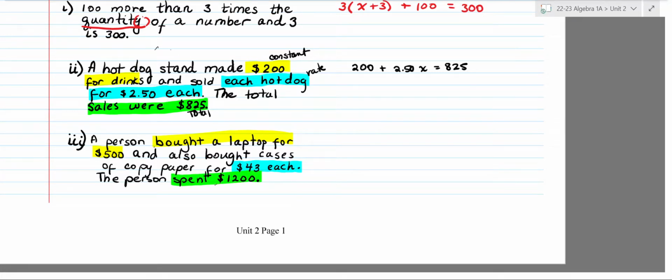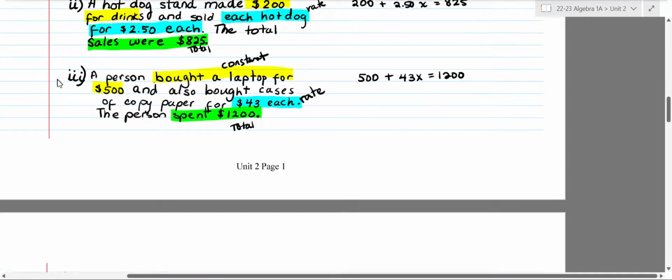Since they only bought one laptop, that's a constant expenditure. They bought multiple cases, right? So this is the rate, the value of each case. X is going to be the number of cases, and this is the total. So it's going to be 500 plus 43x equals 1,200.